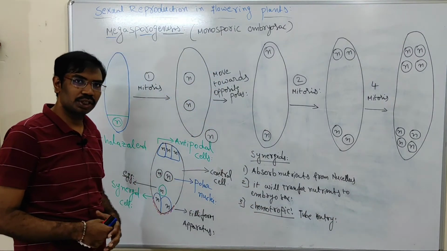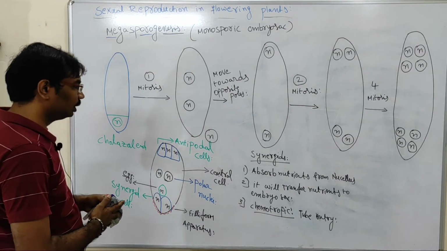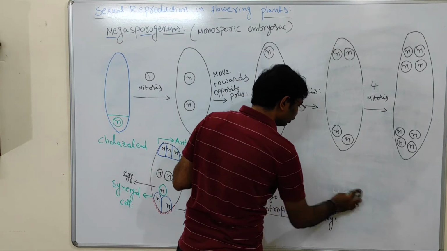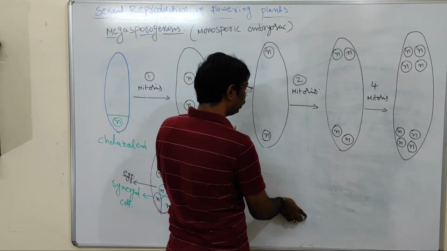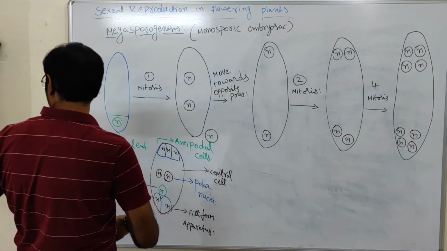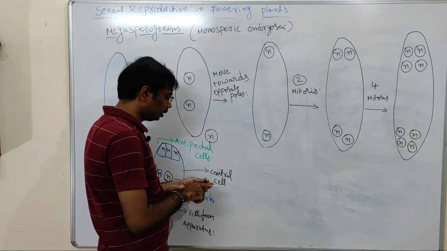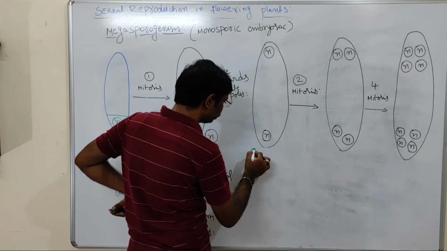So what is the structure of the synergids? The synergid contains a vacuole and a nucleus. What is the location of the vacuole? I will represent it in a separate diagram. This is the synergid cell.